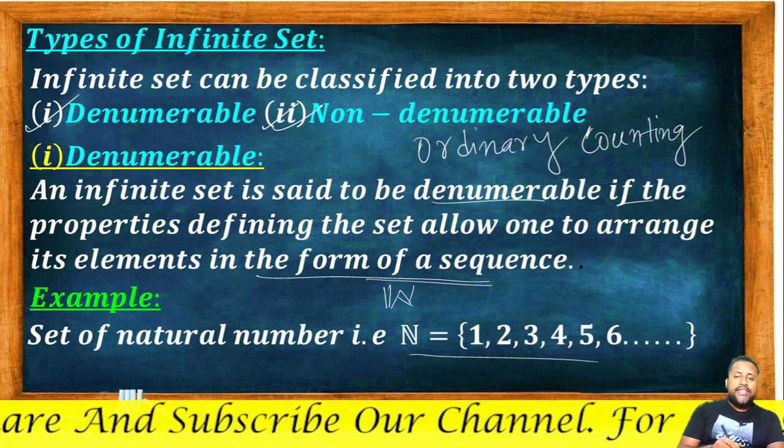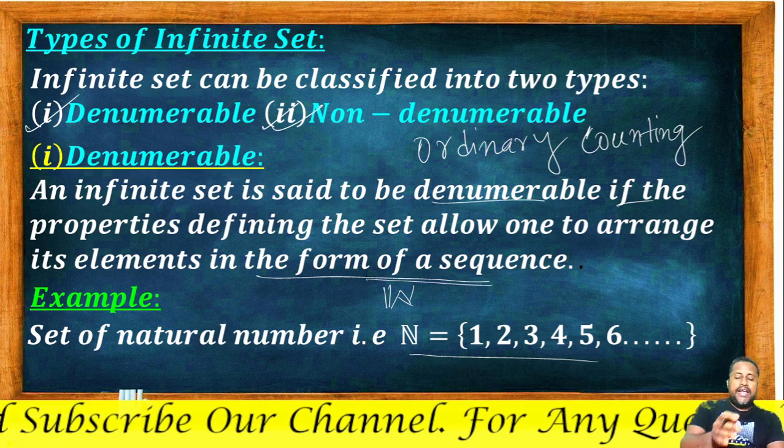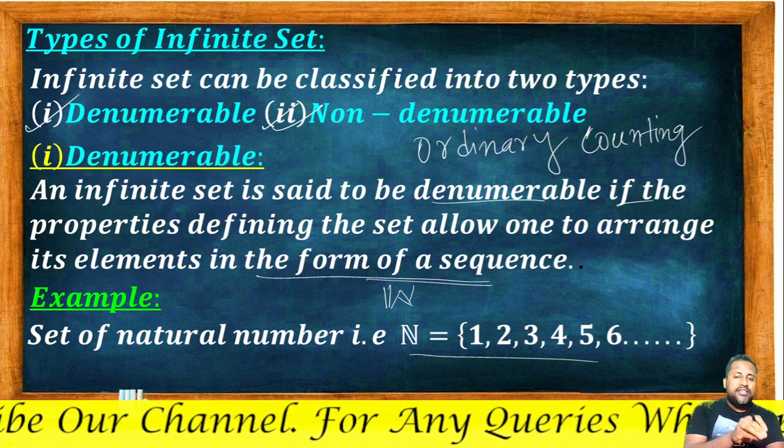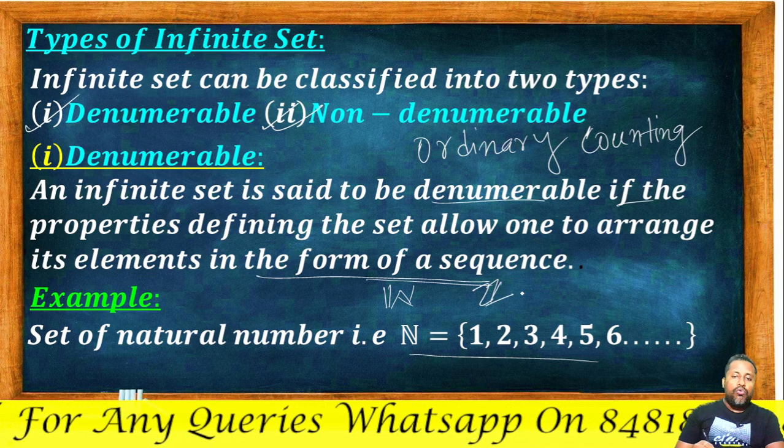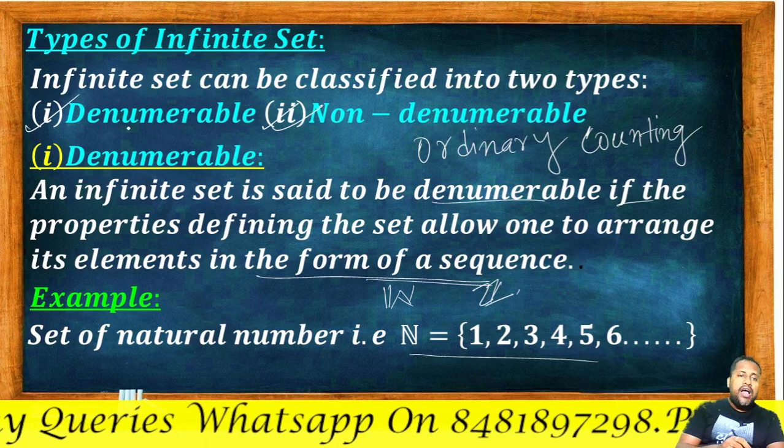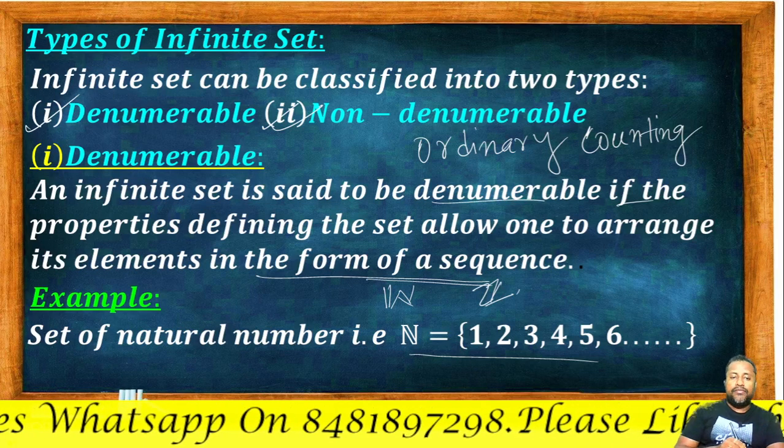So the set of natural numbers, the set of integers, that is Z, and the set of whole numbers, all of these are denumerable sets.